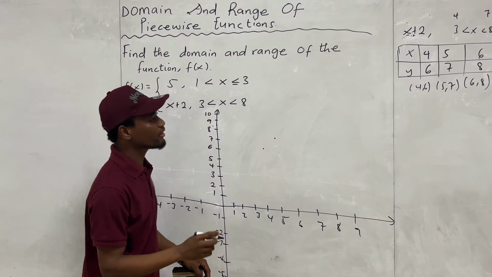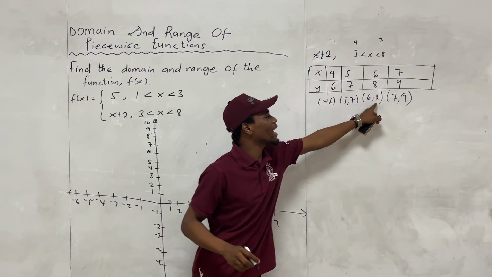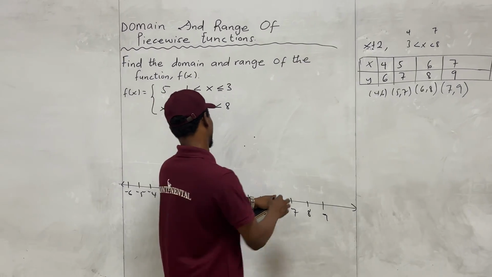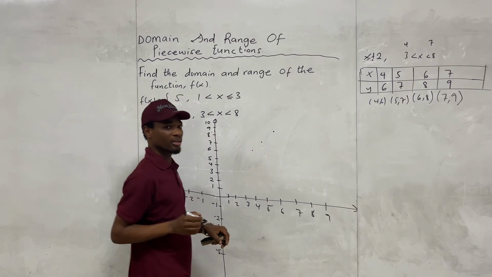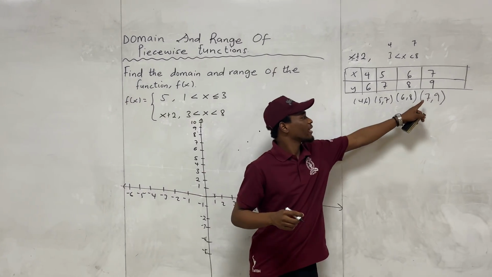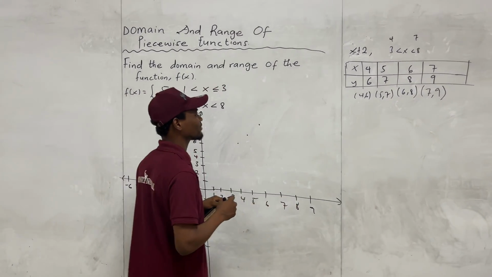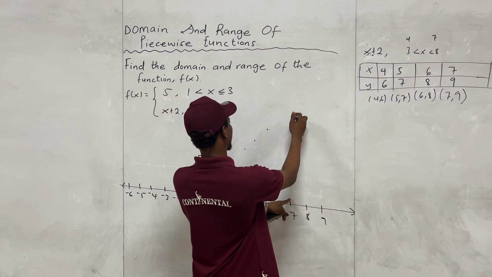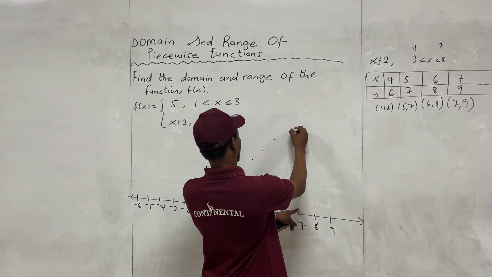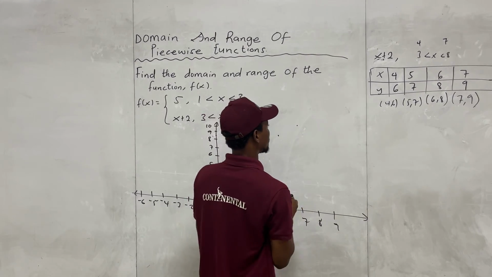Then we have 6, 8. 8 is somewhere here. Good. Then I have 7, 9. So 7, then let's say 9 somewhere here. Good.